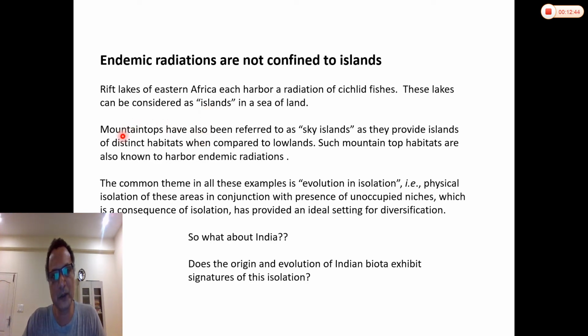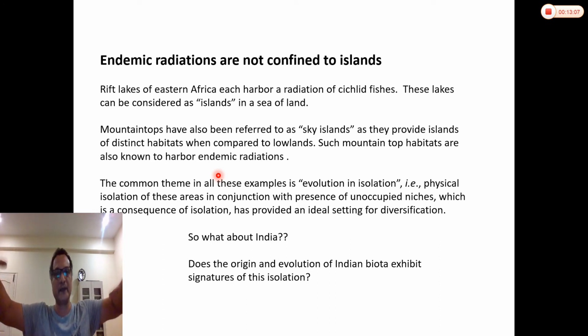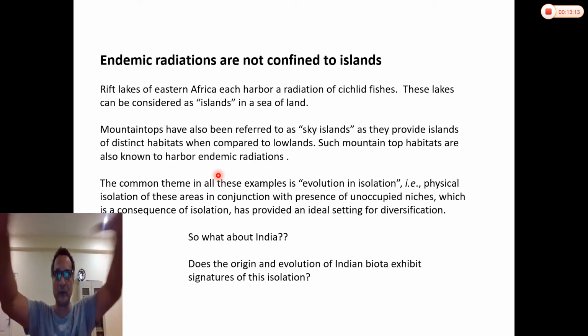And people have also talked about mountain tops as sky islands, as they provide islands of distinct habitats when compared to lowlands, right? Such mountaintop habitats are also known to harbor endemic radiations. Of course, these mountain tops have to be large or continuous, so you then have a large area which is very different from the rest, and lineages that make it there, adapt to that environment, then undergo radiation.